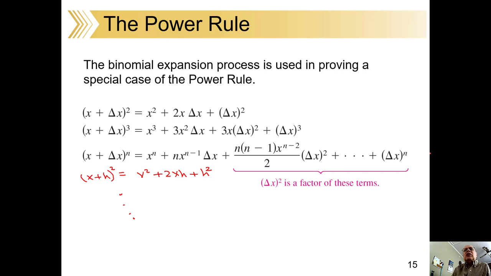The delta x, or h, is a factor of most of those terms. So when you're taking the derivative, a lot of those things go away because delta x, alias h, becomes so close to 0. Even the factors, no matter how big they are, when you make delta x or h small enough, for all practical purposes, disappear.